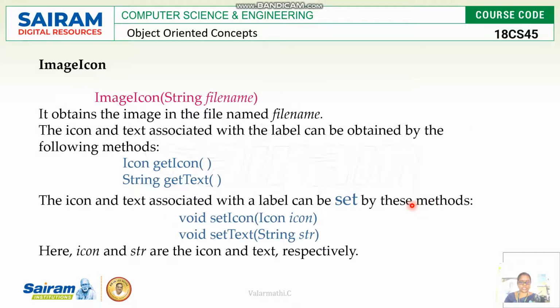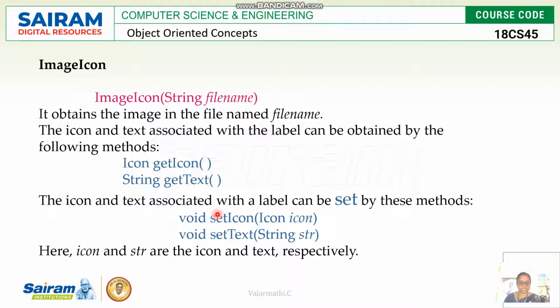ImageIcon is also one of the Java Swing components. The main constructor and format of ImageIcon is ImageIcon(String filename), where the file name is nothing but one kind of GIF image. Then, to get the icon of this image, we use the getImage method, and we can set one text for that image also.